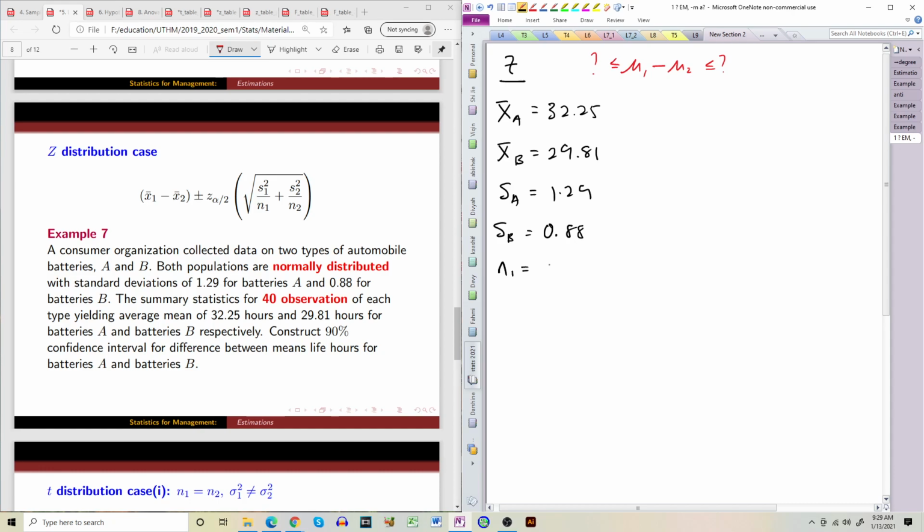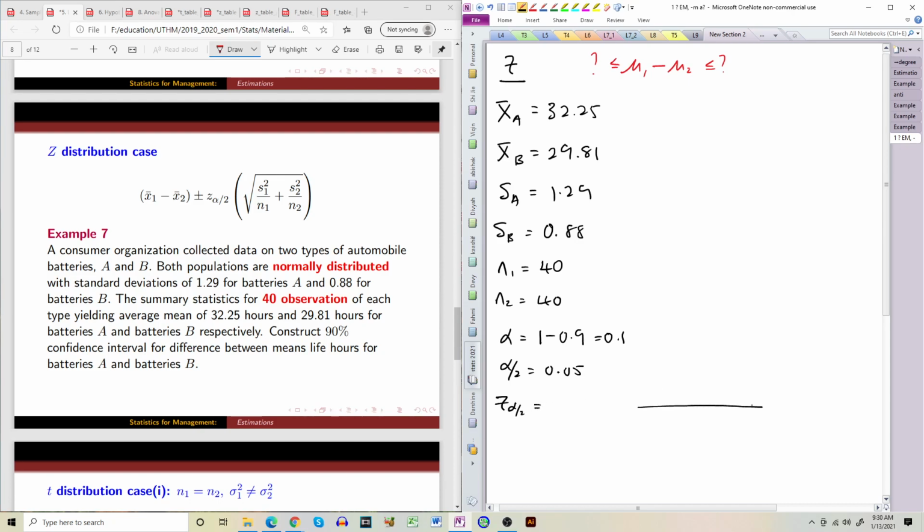Sample size for population 1 is 40, sample size for population 2 also 40. Alpha is 1 minus 0.9, which is 0.1, alpha over 2 is 0.05, and then the critical value.